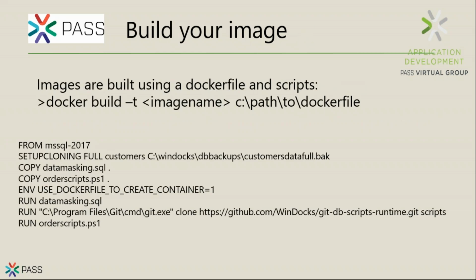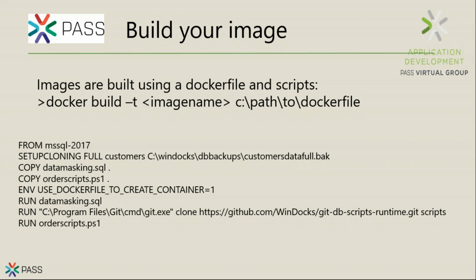And then all of this gets put together in a Docker file where an image is built. Standard Docker command syntax is docker build, with the image based on this Docker file and the scripts. And the Docker file that we're working with is actually included below. In this case, we're working with SQL Server 2017.